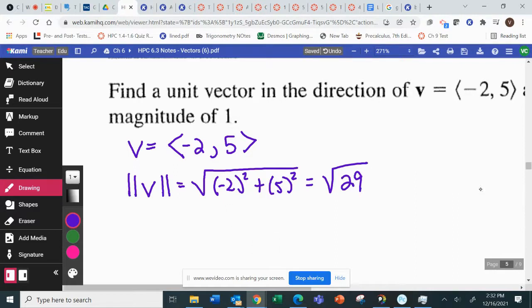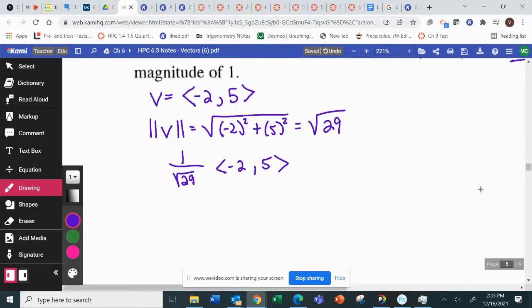So then we're going to do 1 over square root 29, which is 1 over the magnitude, and multiply that by -2, 5. So we will get -2 over square root 29, comma 5 over square root 29.